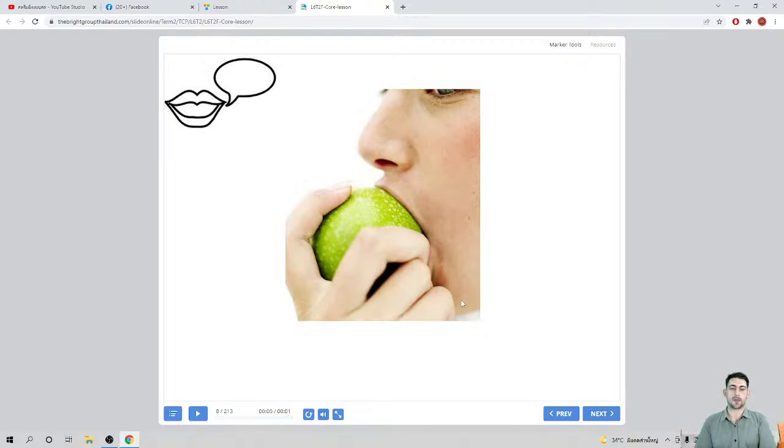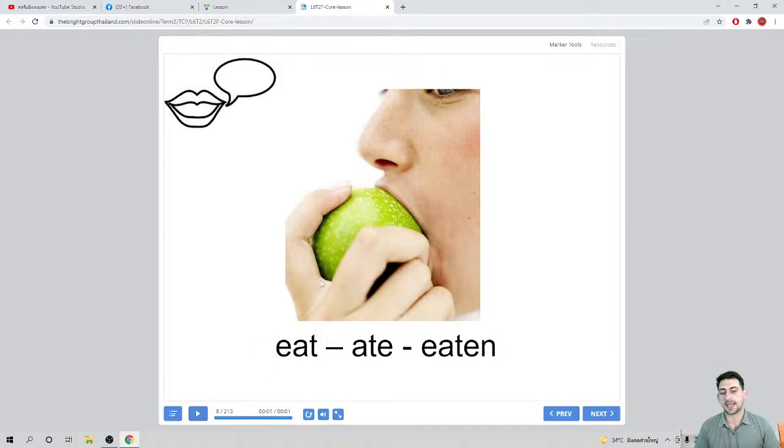Now, because we had our first vocabulary words, forms of the verb, now we have a guy that bites from an apple. He's basically eating, all right? So vocabulary word number 3 is eat, ate, eaten. Verb number 1, eat, which is the present form or the infinitive form.